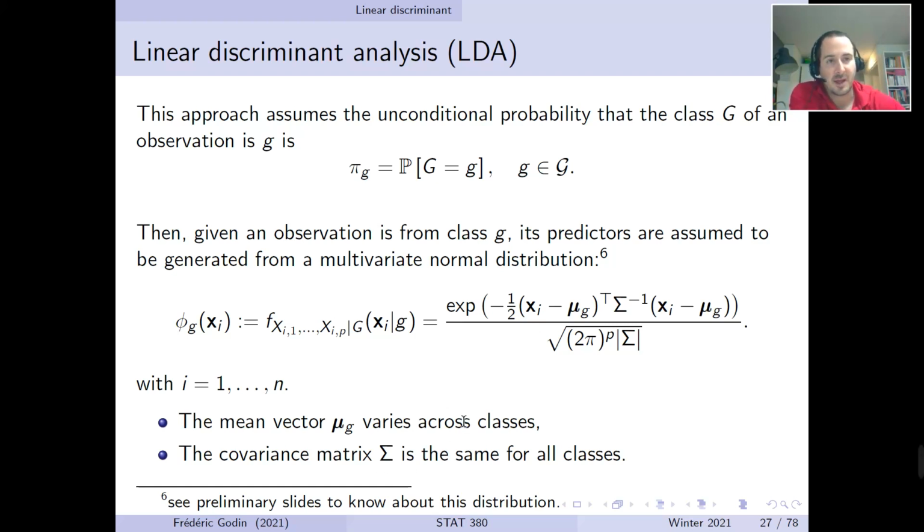So the only thing that varies when generating data points from the various classes is the mean vector. This is why we say it's a parametric approach: we assume that the predictors in a given class were generated from a given parametric distribution.